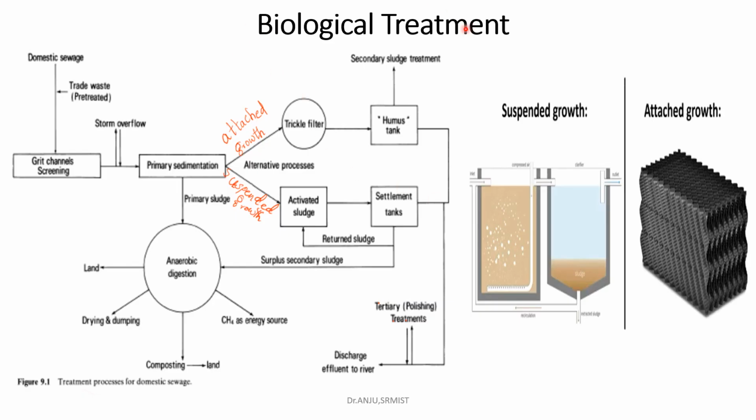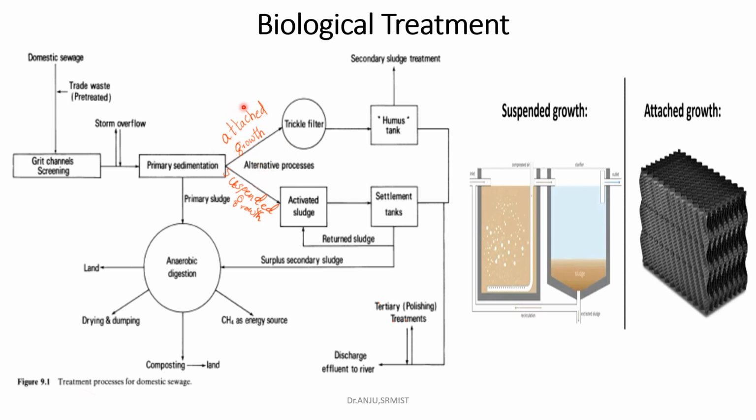In the aerobic biological treatment, the water from the primary treatment, that is from the primary sedimentation, enters into the secondary treatment, which is also called the biological treatment. The biological treatment can be performed in two ways.